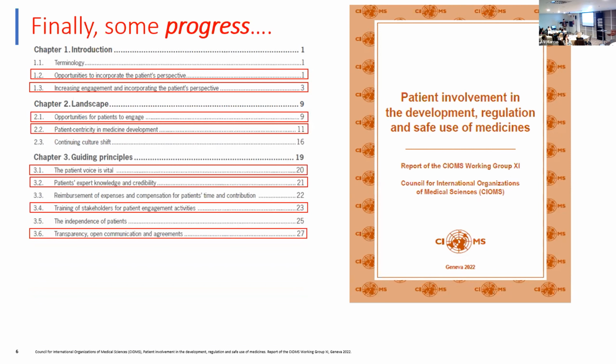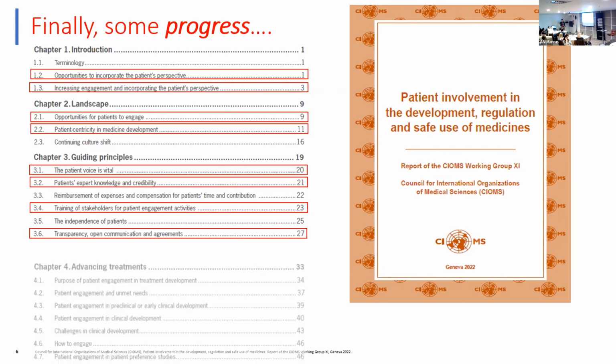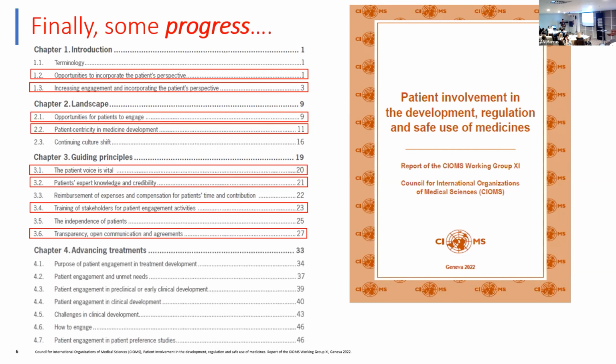This is very critical to ensure that we are considering the patient perspective in the drug development process. The patient's knowledge and credibility, and the training of the stakeholders to engage the patients into the different activities. And this is also very critical, open communication between the patient and the stakeholders, because the patient needs, of course, to feel comfortable within that clinical setting to speak openly with the stakeholders.